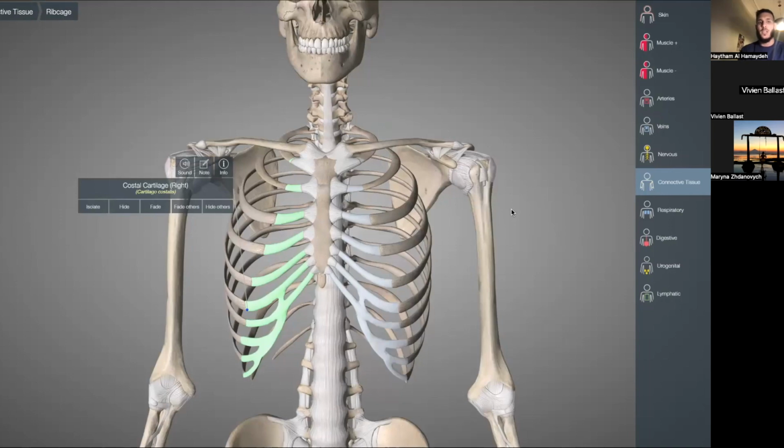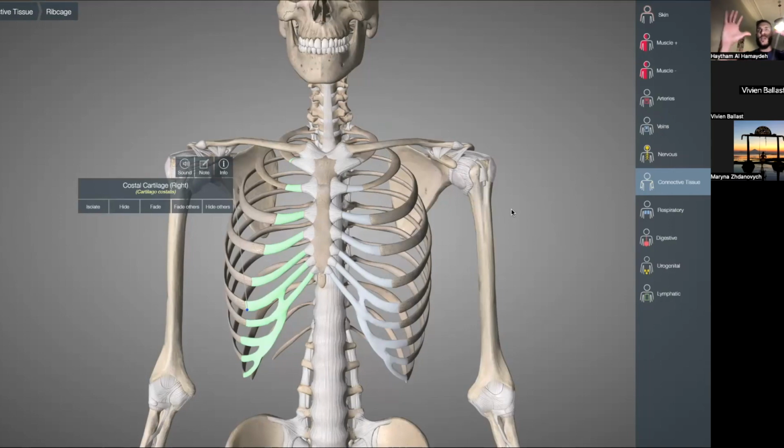Now, the next point: how many ribs do we have? Who can answer? We have 12 pairs of ribs, so there are 24 in total. Now, how are they divided?